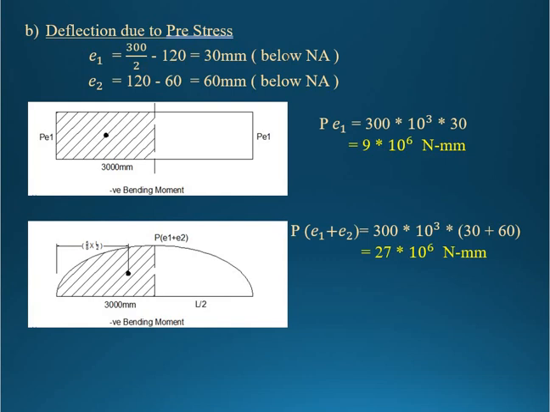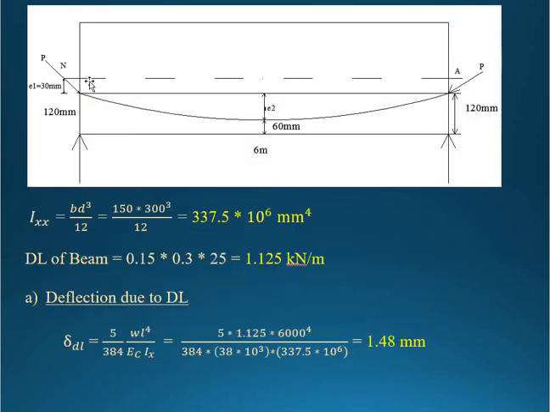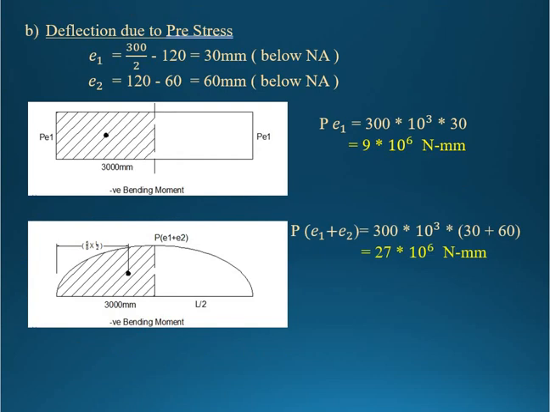It is below the neutral axis. Don't forget that, please keep this in mind. Whatever E1, E2 is there, it is present below the neutral axis. Next, E2 is 120 minus 60, which is 60 mm, that is also present below the neutral axis.